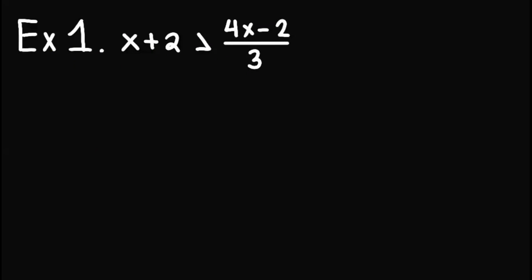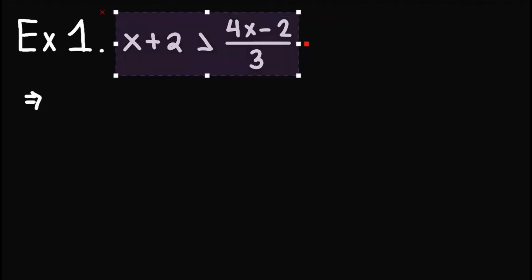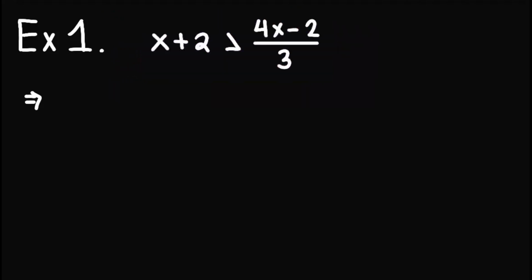Now we dive into our first example. In this example, we have x plus 2 is greater than (4x minus 2)/3. So just like how we do linear equations, let's try to solve this one. First, we can multiply 3 to both sides to eliminate the denominator.